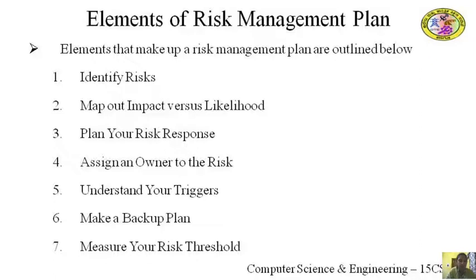First, you will do this by assigning the risk likelihood a score from low probability to high probability. Then you will map out your risk impact from low to medium to high and assign each a score.